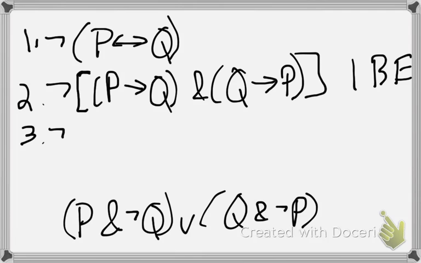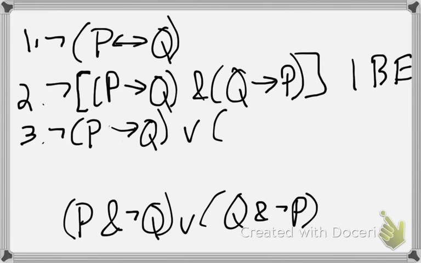So we get, it's false that P arrow Q, or it's false that Q arrow P, by De Morgan's.